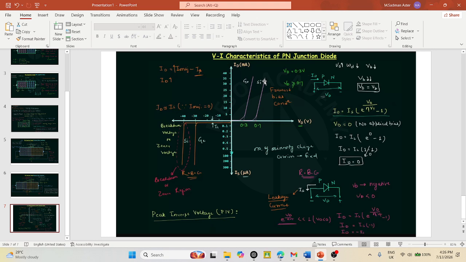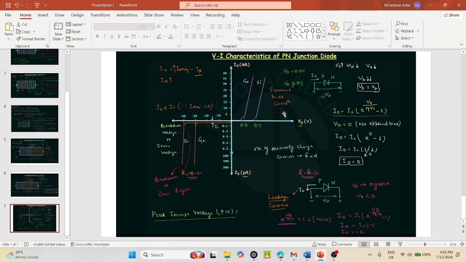The current rises sharply because after overcoming the potential barrier, a flood of majority charge carriers passes through the PN junction, giving a huge current.